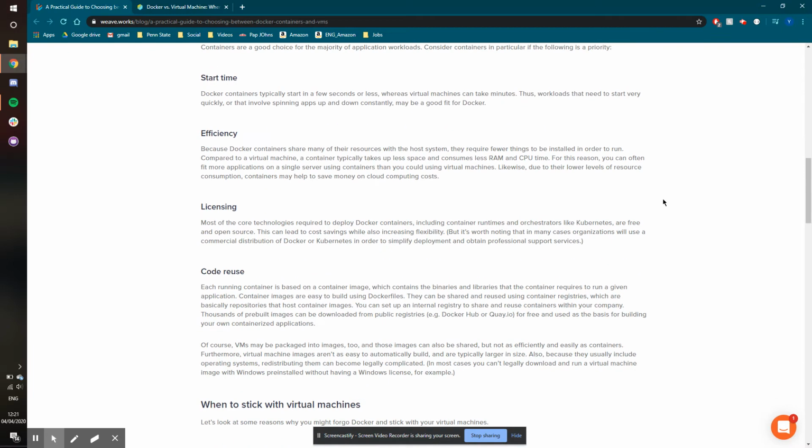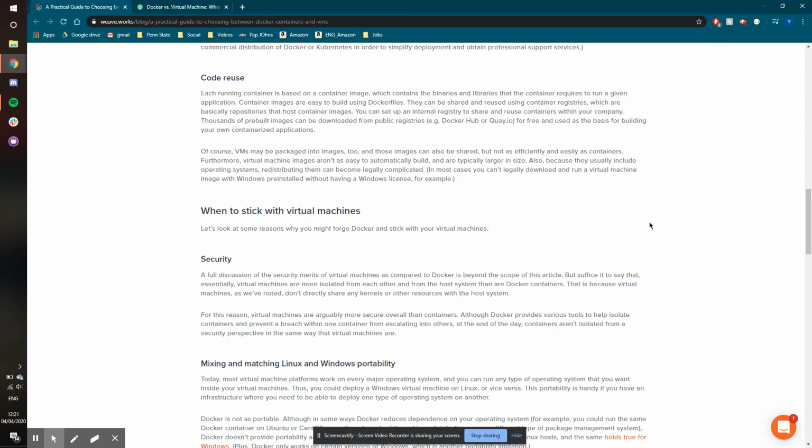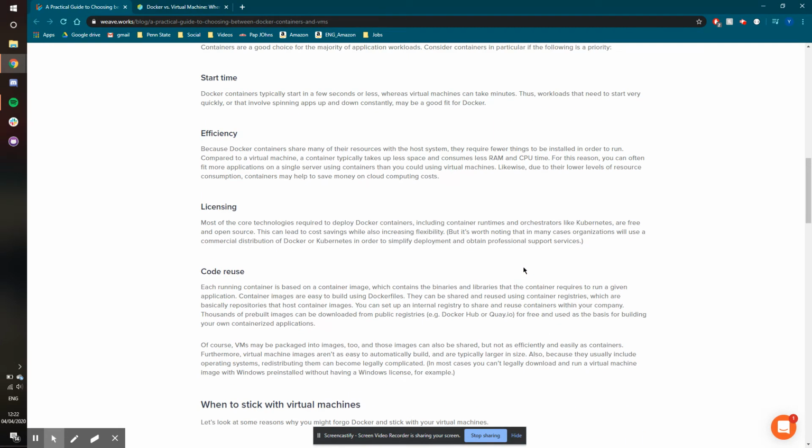However, if using a virtual machine in this instance, it would take much longer to load initially, and it would also have more security on the other hand, because a container is much easier to attack from that end.